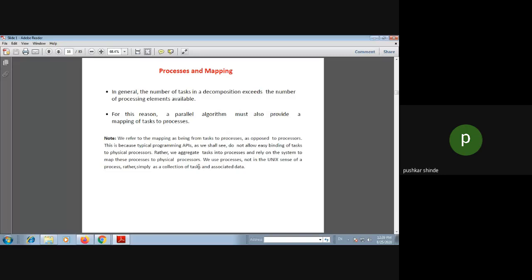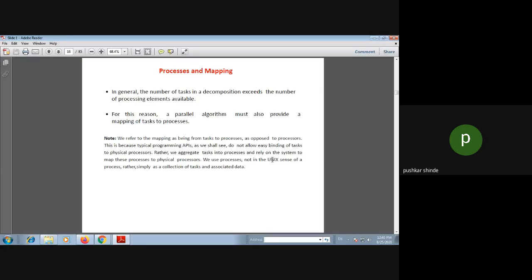Instead of mapping the tasks directly to the processor, the tasks are collected together in processes. So multiple tasks in one process, and those processes are then mapped to the processors by the platform of that particular parallel computer.